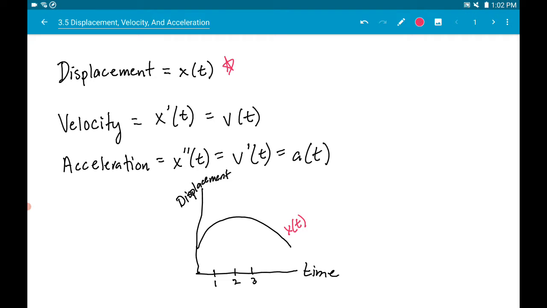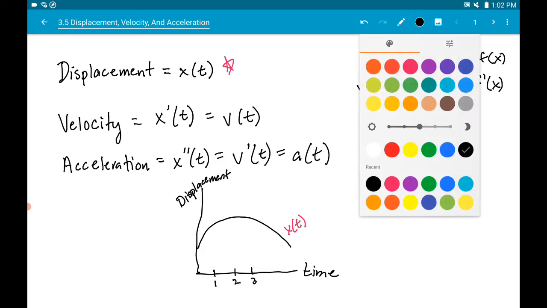If you think of the displacement as some x of t, or for simplicity, f of x, the t just represents time. Then the derivative you could label with the prime. If you're using f of x, you'd write it as f prime. But that first derivative is the velocity of the object that you were referring to in the first part.